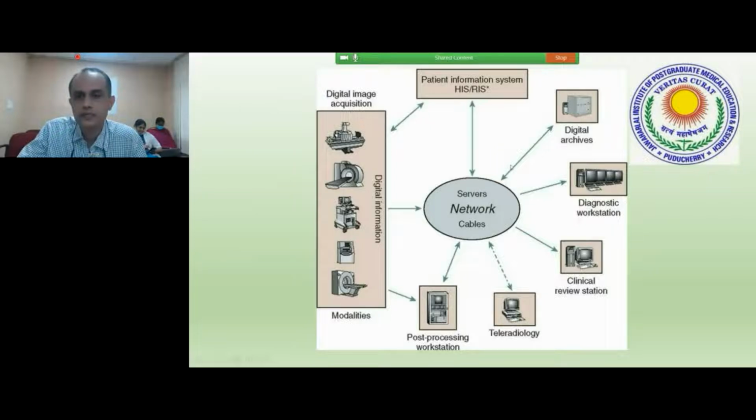From this archive, it can be accessed to the diagnostic workstation which the radiologist uses or the clinical review station which the clinician uses, or it can be accessed even remotely off-site through teleradiology systems. So this network of the PACS and the RAS interact. All this happens through the local area network cable.